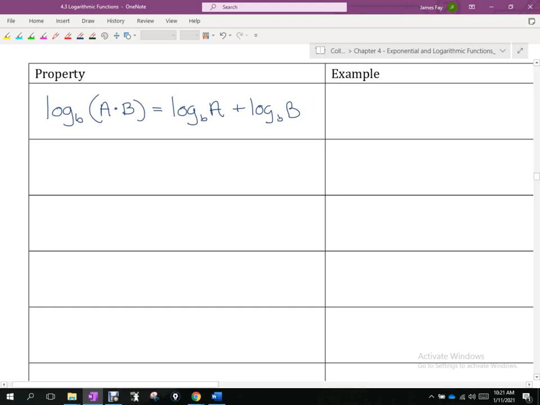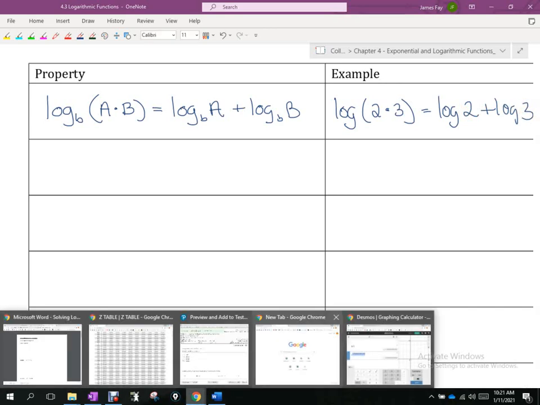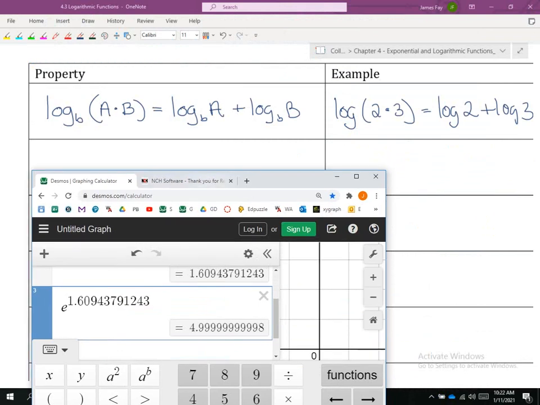Okay. So an example of that would be maybe, and let's just use the common log, we'll say log of 2 times 3. If I wanted to evaluate that, that's the same thing as common log of 2 plus the common log of 3. And we can use any one of our calculators to confirm that.